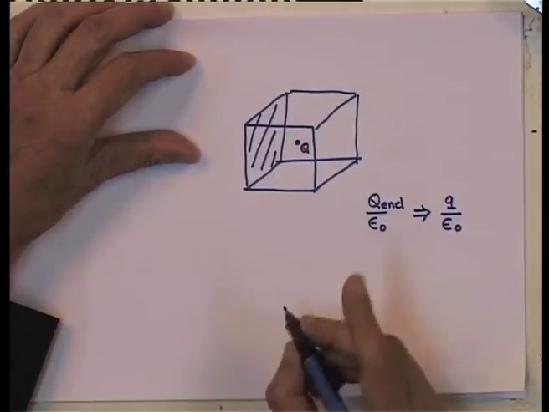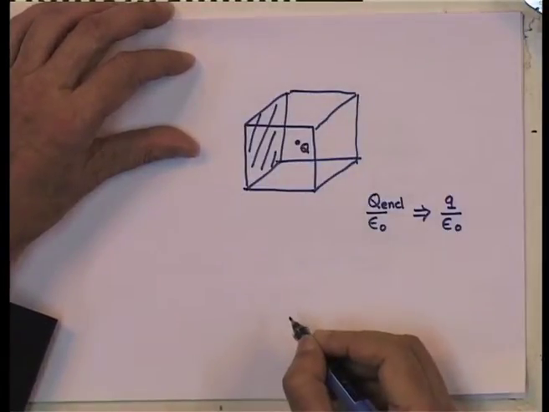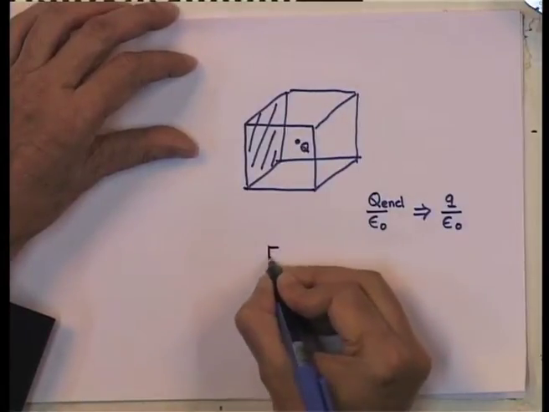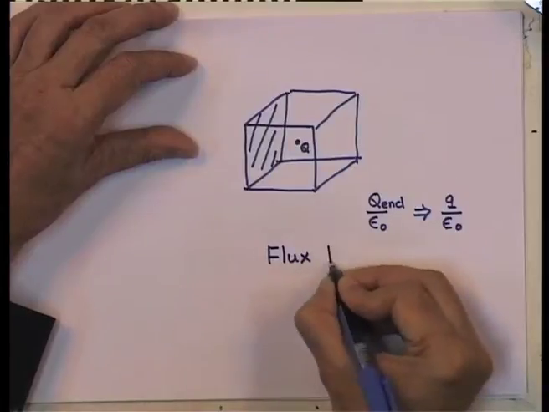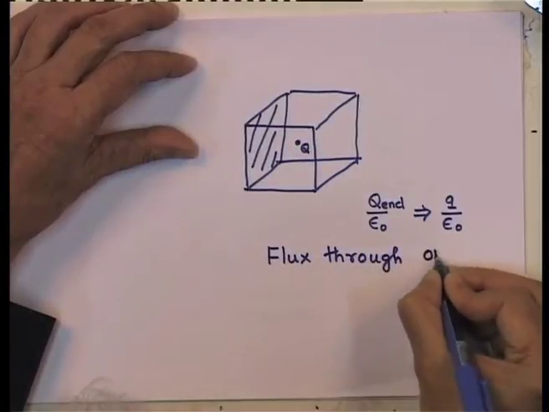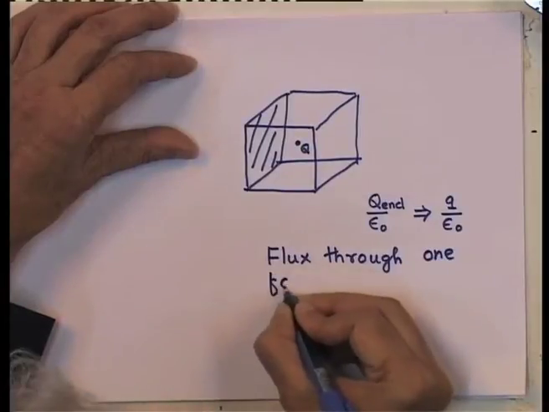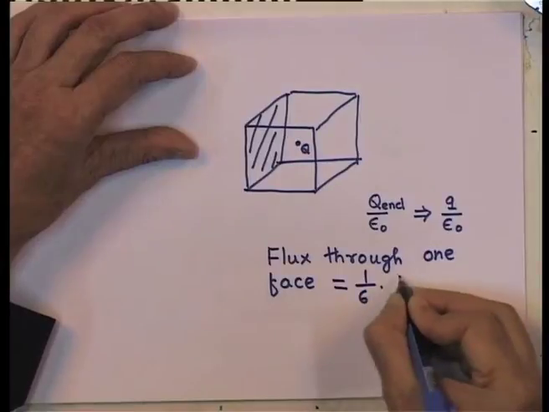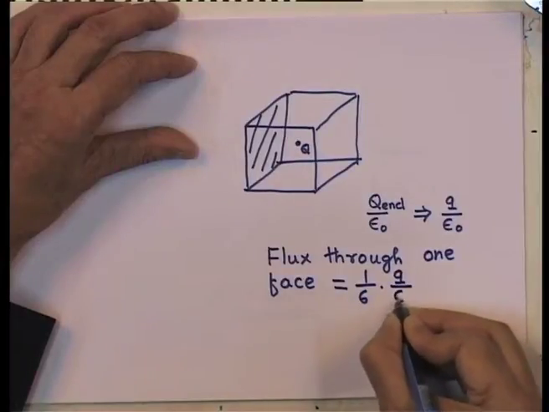So, if you want to talk about one surface, when the charge q is at the center, the flux through one face of the cube has to be equal to 1/6 of q by epsilon 0.